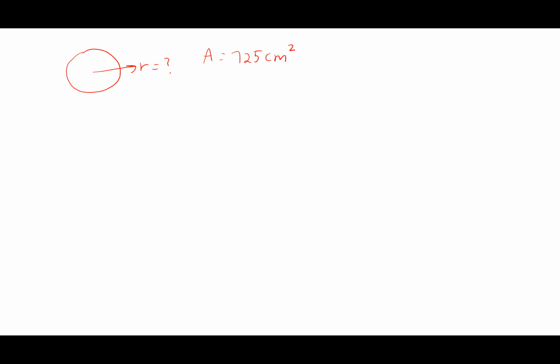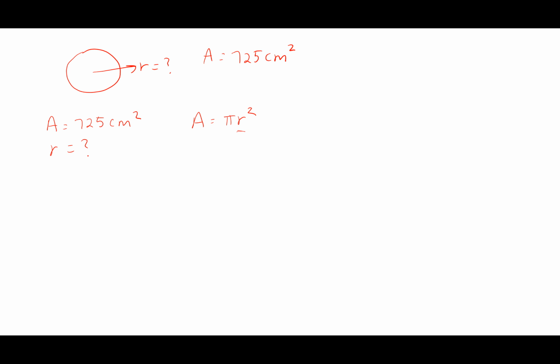So here's our data. A equals 725 centimeters squared, and we know we're looking for the radius. So we've got to figure out what formula we need, and that formula is going to be A equals pi r squared for the area of a circle, right? So we're looking for r though, so we've got to get r by itself.